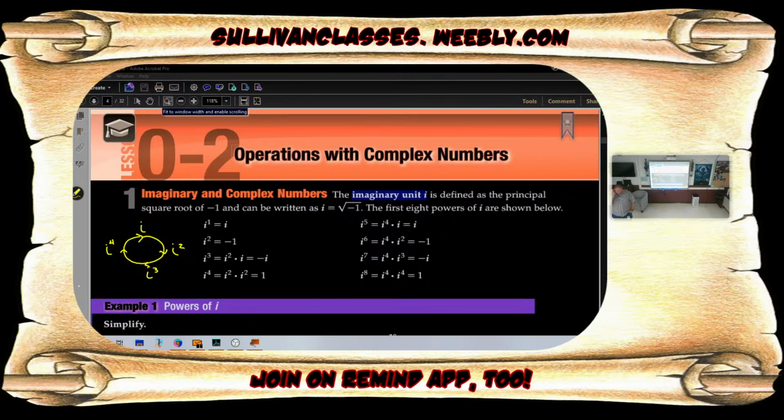i represents the first ring because after i to the 4th, it repeats itself. So here's what I mean. If we take i squared, well, that's the square root of -1 squared. What happens when you square a square root? Right? Cancels out. You get the radicand. That's why this is -1. i to the 3rd. Well, if I break that up, remember your old exponent rules?